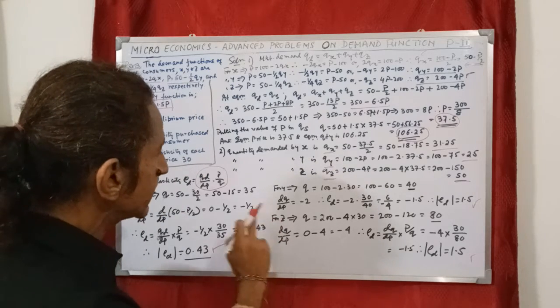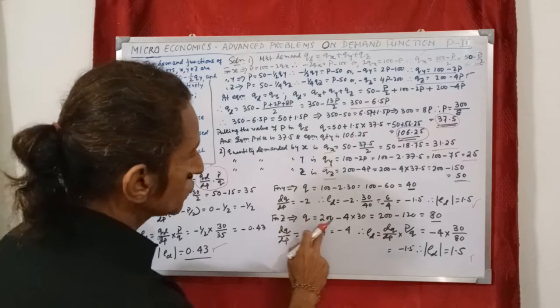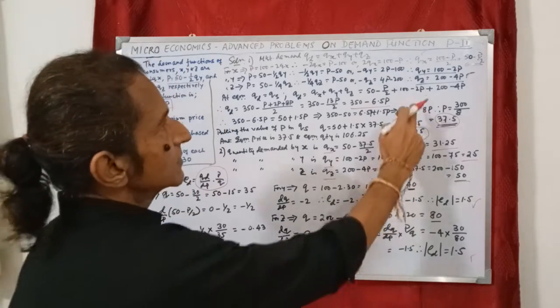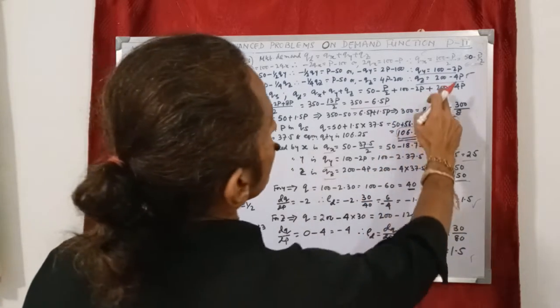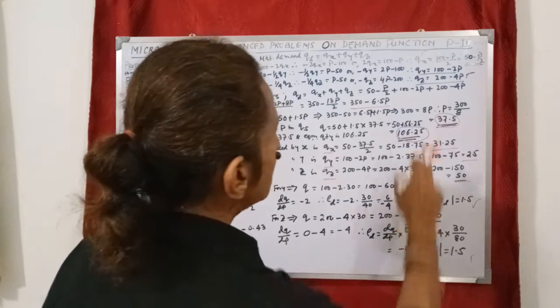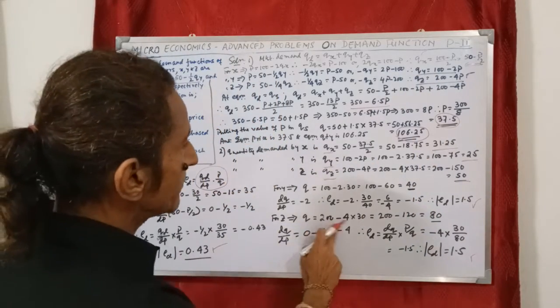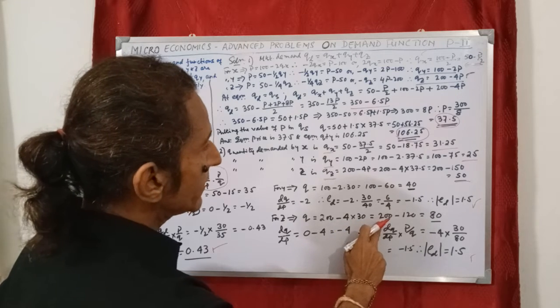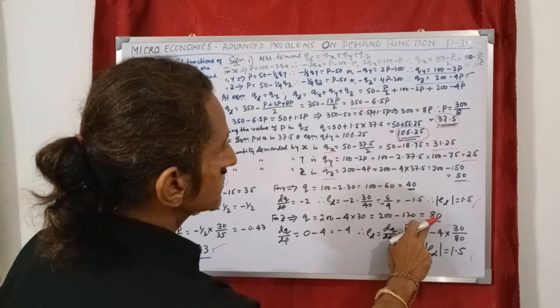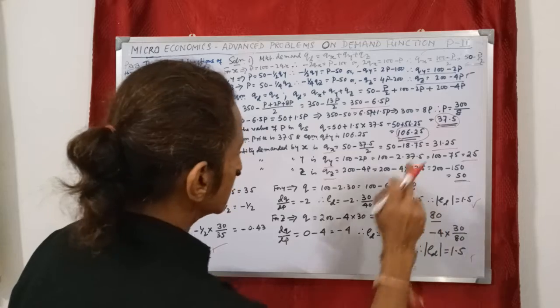And now for Z. Q equals 200 minus 4P, that is the demand function of Z. So Q equals 200 minus 4 into 30, that is 200 minus 120 equals 80.